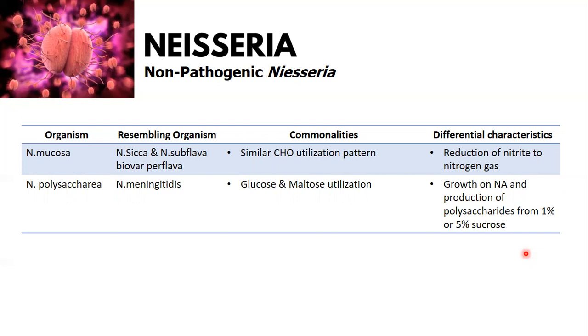And then lastly, we have Neisseria polysaccharea, that resembles Neisseria meningitidis in terms of glucose and maltose utilization. However, it is different from Neisseria meningitidis because of its ability to grow on nutrient agar and produce polysaccharides from 1% or 5% sucrose.